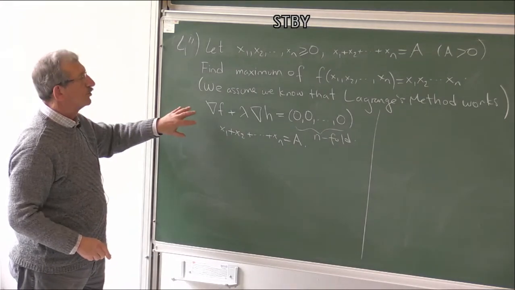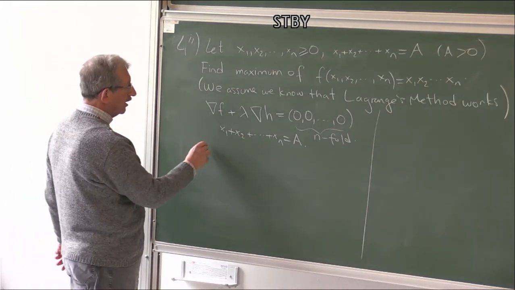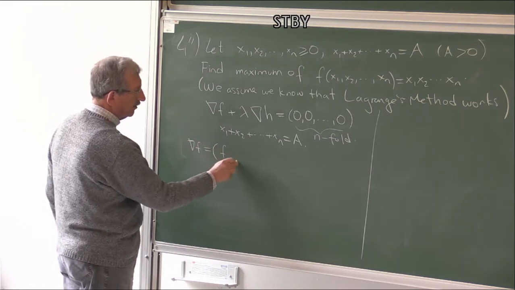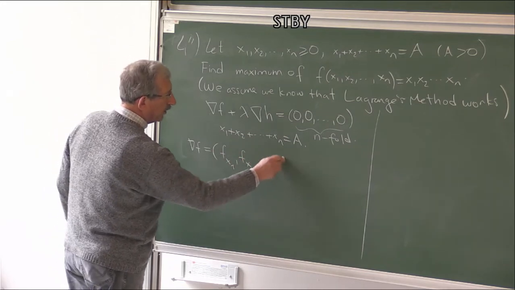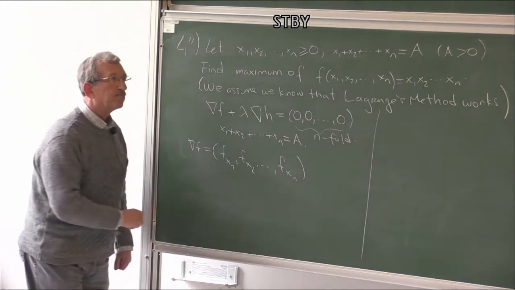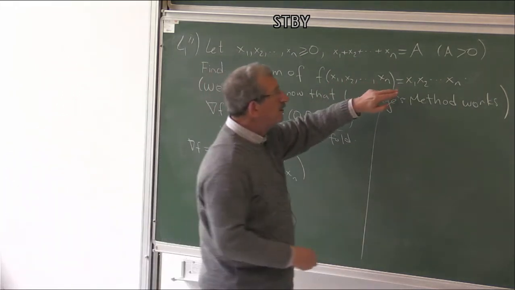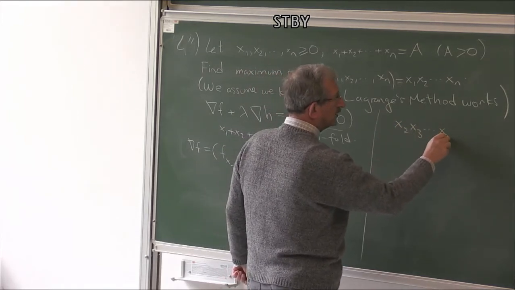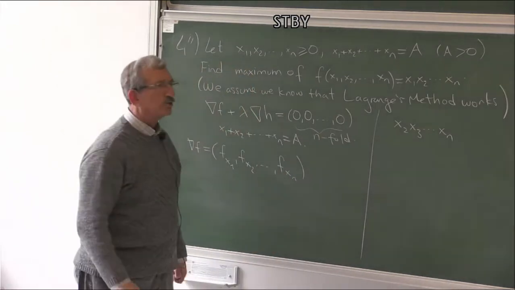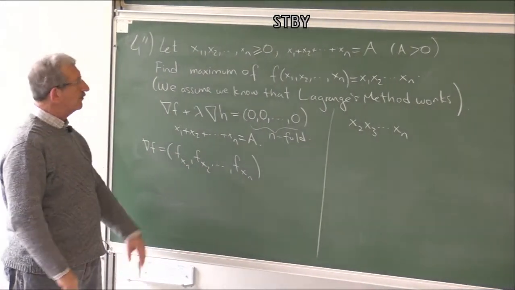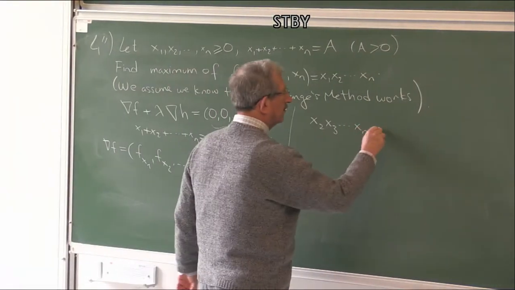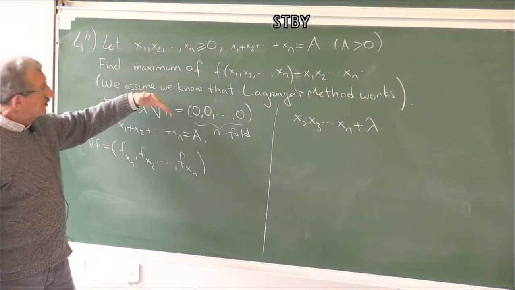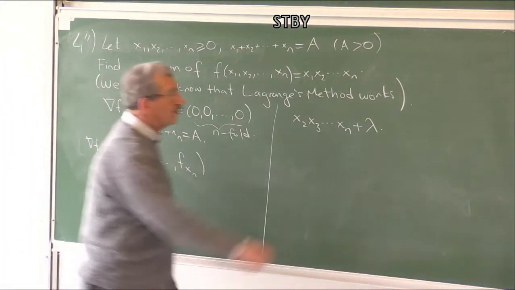Okay, this, of course, means the following. Gradient f here means f sub x1, f sub x2, and so on, up to f sub xn. Well, because of the product, this means x2, x3, up to xn, that's the derivative with respect to x1. All the others are constant, plus lambda times the derivative of h, that is this function, which is certainly 1.